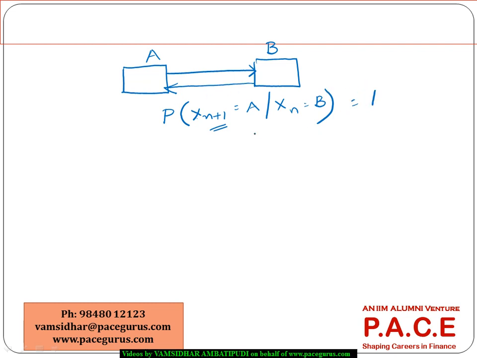If that is compulsory, then we say this particular process has a reflecting boundary at B.